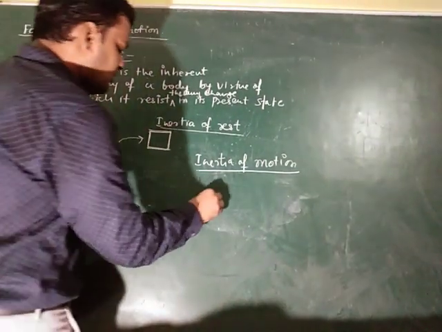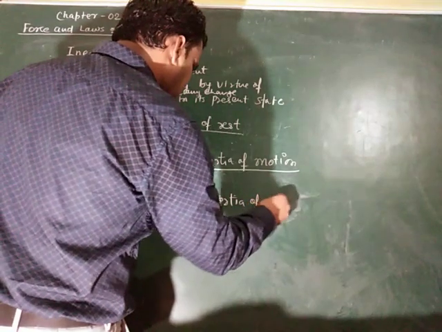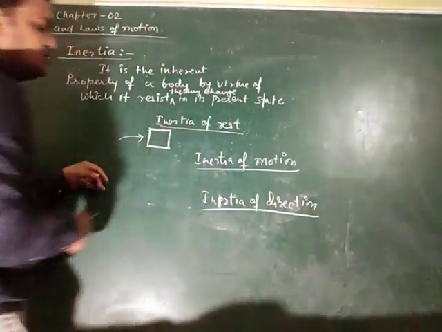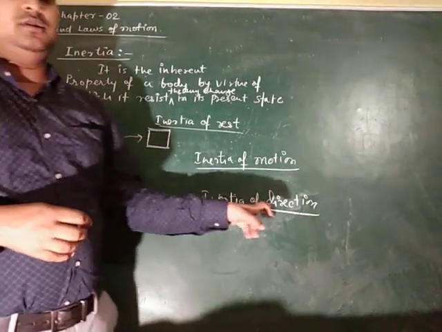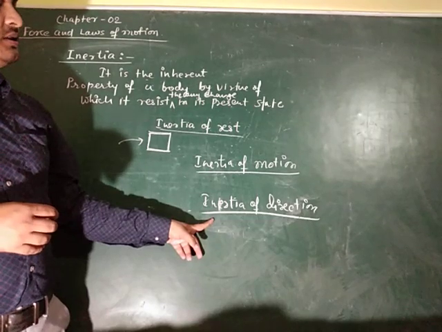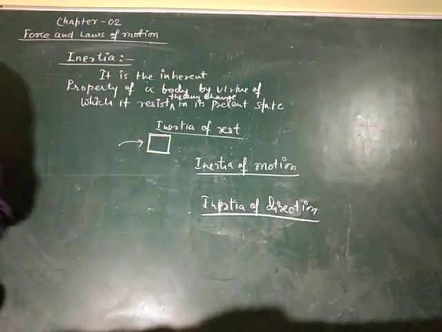And the third is inertia of direction. What is inertia of direction? It is the inherent property due to which the body doesn't want to change its present direction. And what is the example?